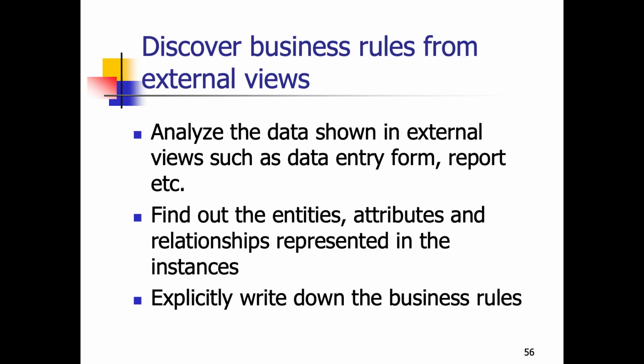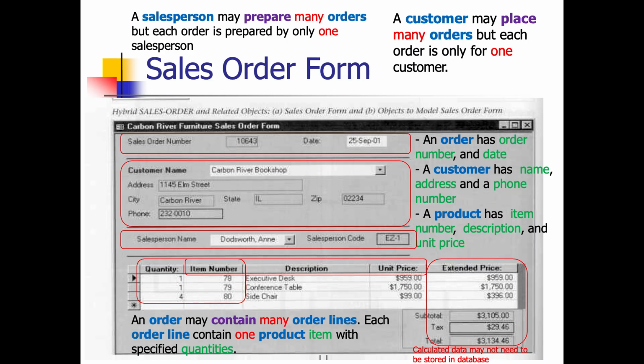This is just a suggestion that you can discover also some business rules from just the views that you see on a website or application. Like, for example, here you can see what features you have, what type of entities or attributes or relationship you can extract by just seeing this report.